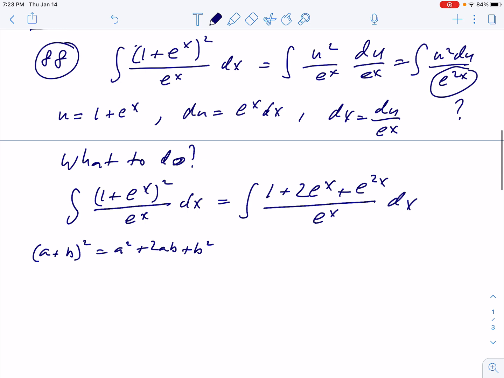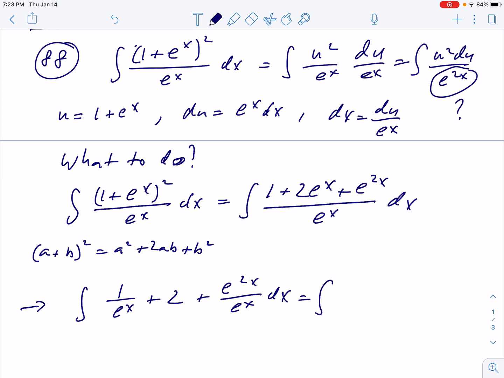Okay, continuing here, we now divide each term by the exponential: 1 over e^x plus 2, just 2, plus e^(2x) over e^x dx.